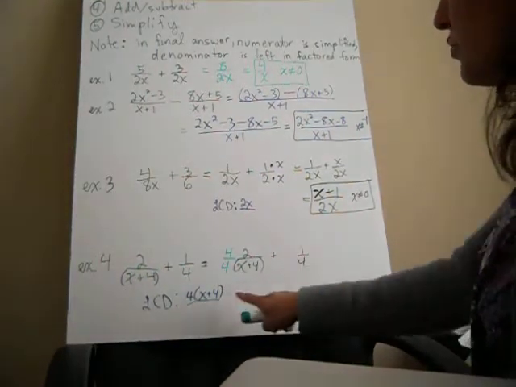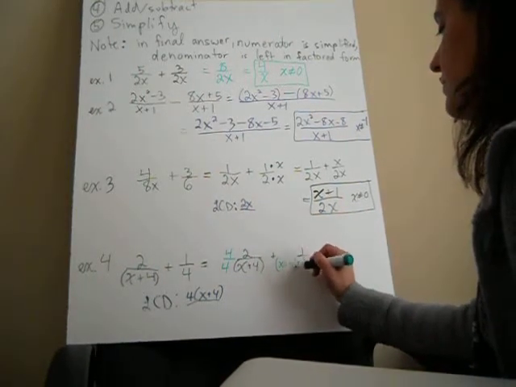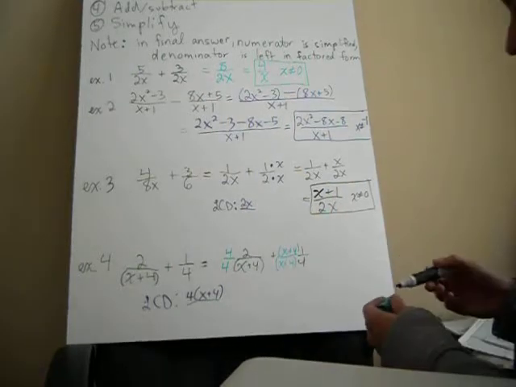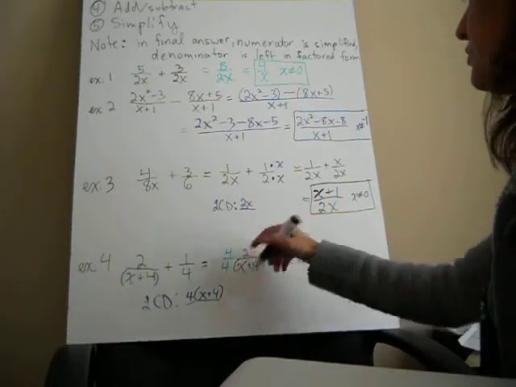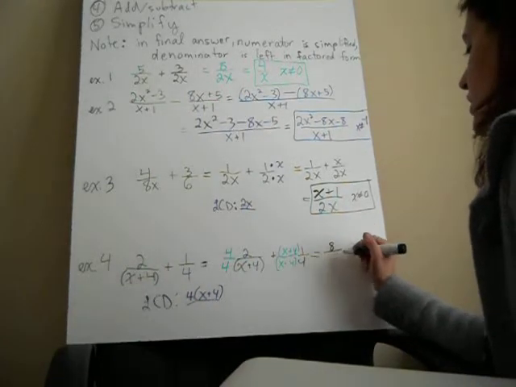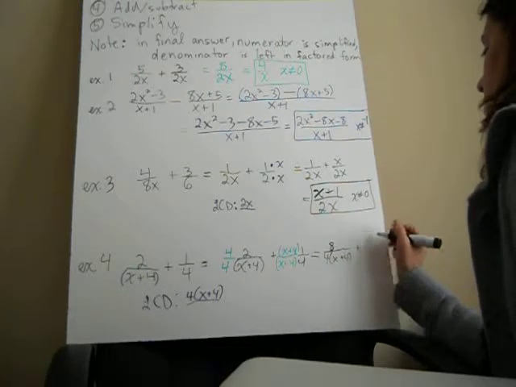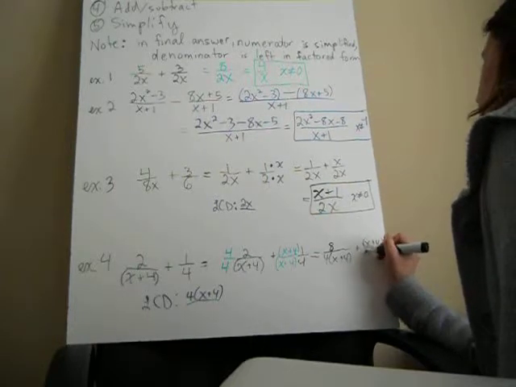This one has the 4, so it needs the x plus 4. Alright. So what this is, 2 times 4 is 8, so we have 8 over 4 times x plus 4 plus x plus 4 over 4 times x plus 4.